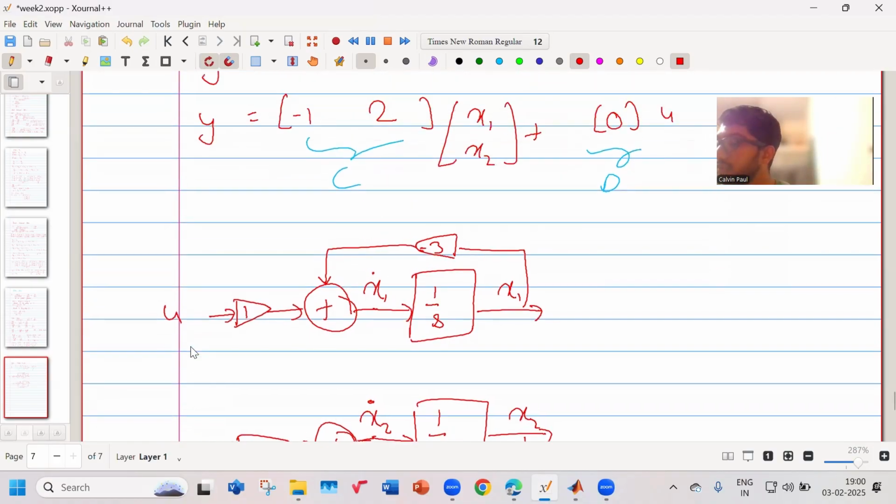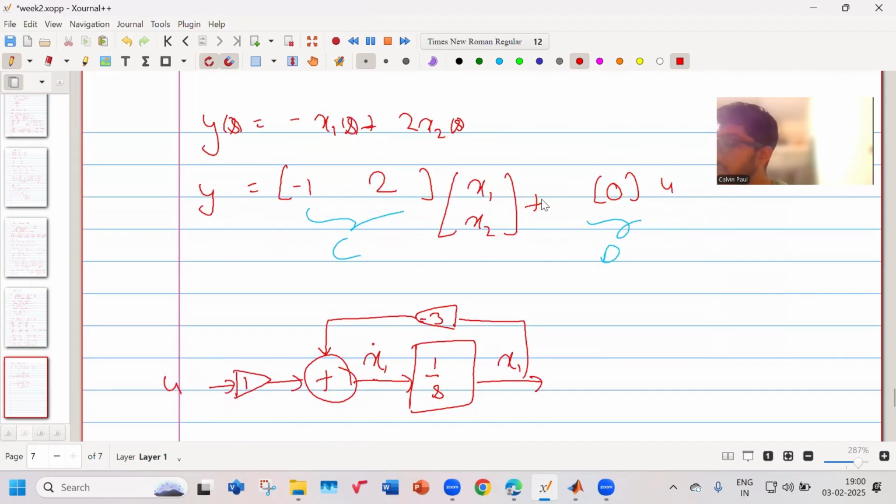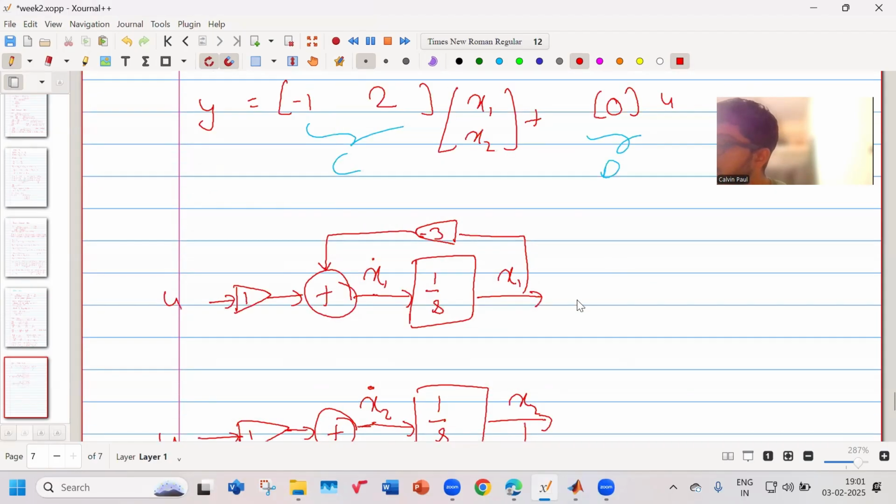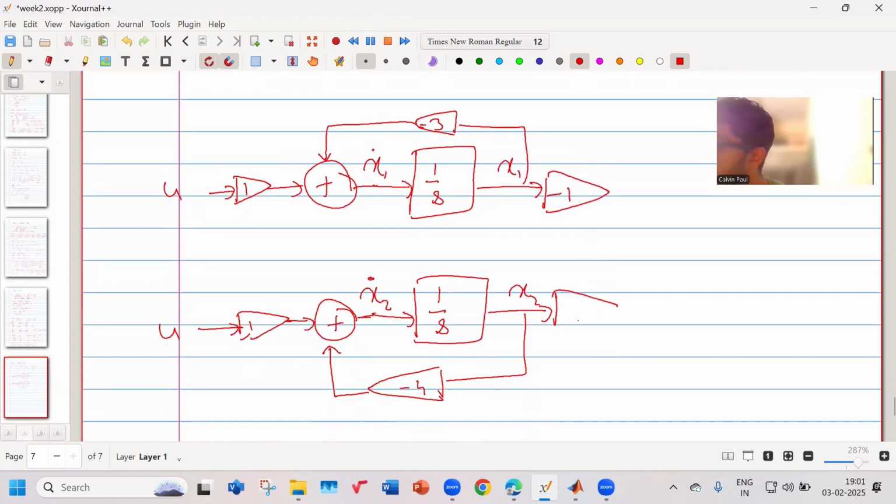Now what is my y? y is minus x1 plus 2x2 plus 0 u. This is minus x1 plus 2 into x2. Add them. This is your y of s. This is your u of s.